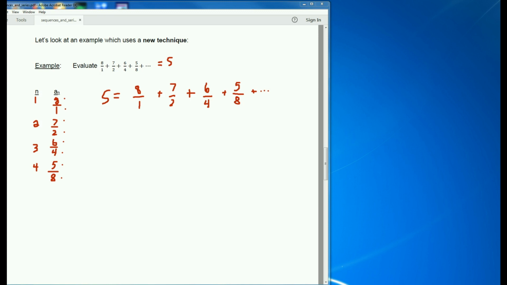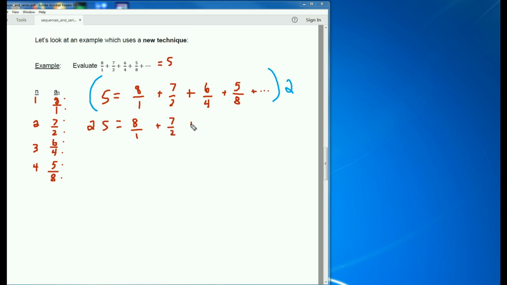Here is the technique. We are going to multiply the entire thing by 2. Obviously that means multiplying both sides, because we've got an equation here, by 2. So on this side, I'm just going to have 2s, and then I'm going to show you how I'm going to multiply by 2 over here. First, let me just write this down again, and then I'll come back and add in my multiplications.